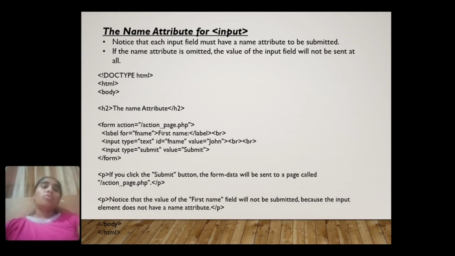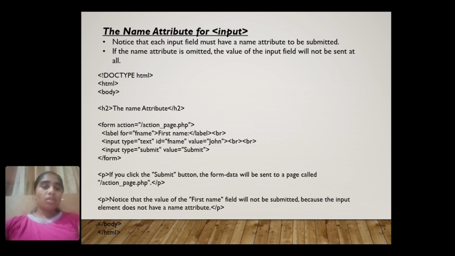The name attribute for input. Notice that each input field must have a name attribute to be submitted. If the name attribute is omitted, the value of the input field will not be sent at all. And here also the document type is HTML and the body contains a form action, a label for first name, input type text with id first name and a value, and input type submit with value submit, and a p tag.